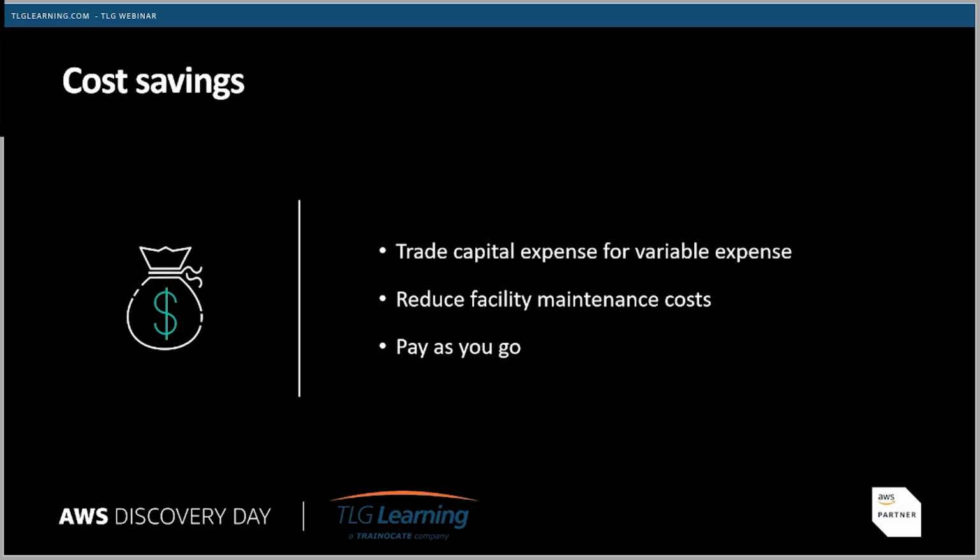Cost savings. We're trading capital expense for variable expense. If you're looking at it from the point of view of working with an on-premises type of data center, it's a lot of capital expenditures, capex.